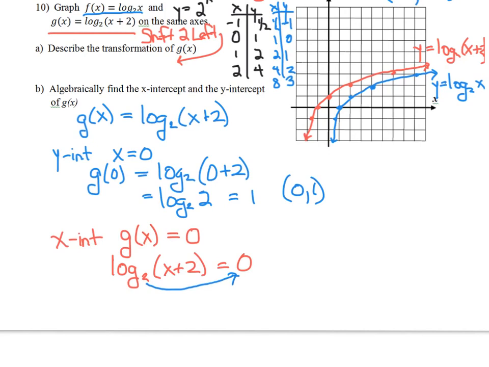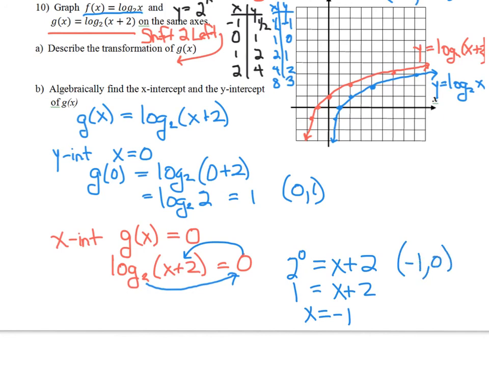So we're going to write 2 to the 0 is equal to x plus 2. 2 to the 0 equals x plus 2 allows us to solve 1 equals x plus 2. So therefore x is equal to negative 1. This tells me that my x-intercept is the point negative 1, 0. And again, if I look at my graph, I can definitely tell that that point is right here where the graph crosses the x-axis.